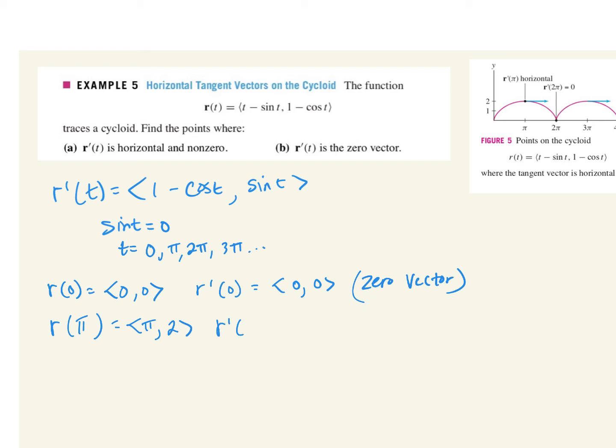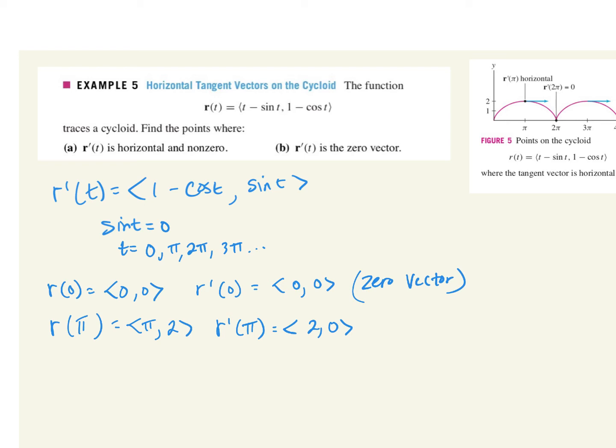And r prime at pi, well, that one is going to be 1 minus cos at pi, so that's 2. And sine at pi is 0. So this does have a 0 slope for the horizontal, as we already talked about. 0 slope for the y component, causing a horizontal slope.